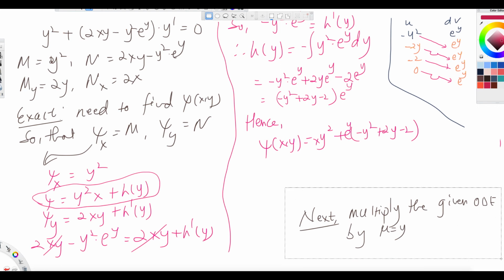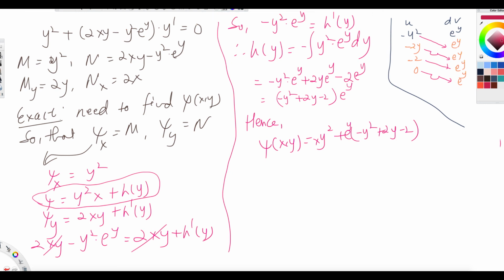Why is that? Because the purpose of this is finding a function psi, so that the derivative of psi with respect to x is equal to the whole thing. So if you write this thing as d psi over dx, then the integration of this will be psi equals c, right?